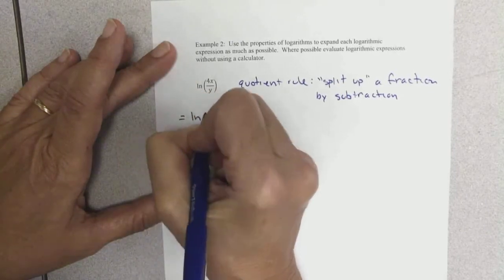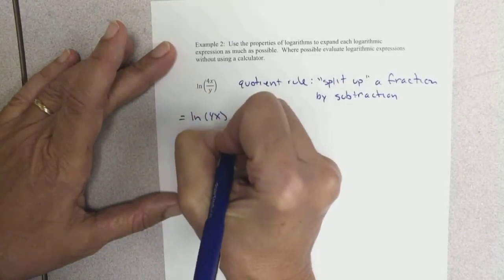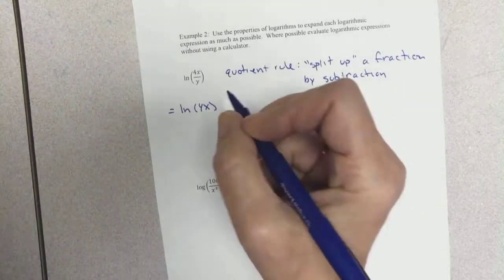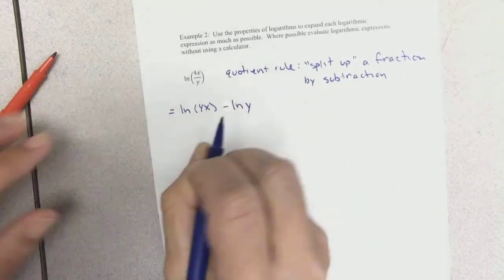And so this becomes the natural log of 4x plus minus the natural log of y.